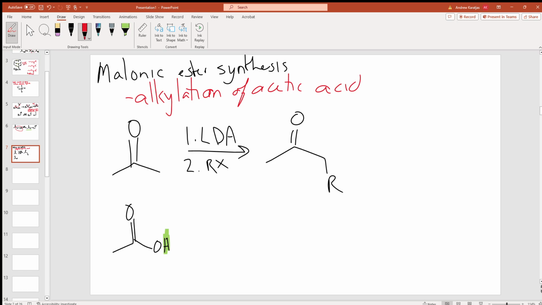And so if you add LDA to acetic acid or any carboxylic acid, you're not going to form an enolate. You're not going to remove the alpha hydrogen. You're just going to manage to form a carboxylate salt. And so because of that, we need to have another way to do this. And that's what the malonic ester synthesis does for us.